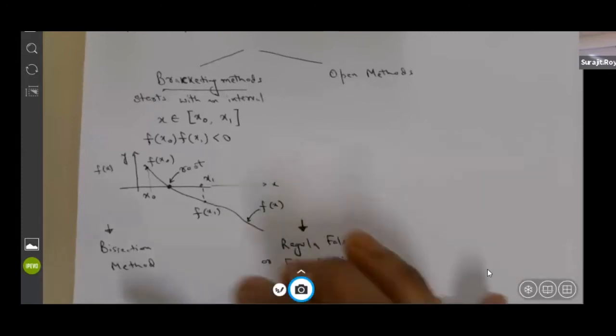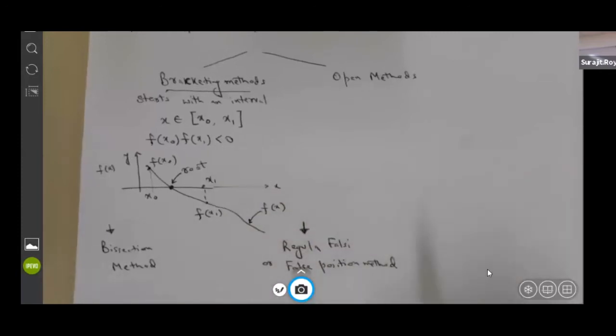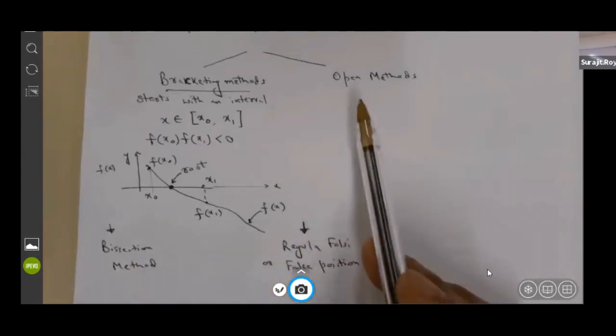So that much we discussed at the end of the last lecture. We also discussed a bit about what the bisection method is, but we will do it again so that you know what each method is and how they are different. So we will start with the details of the bracketing methods, and if time permits, we'll also see open methods.